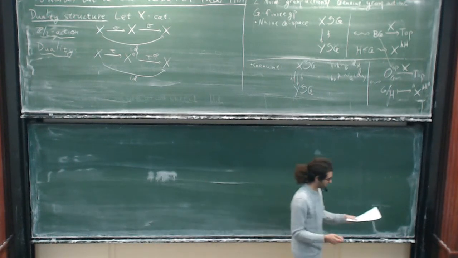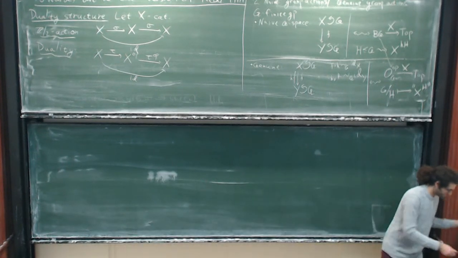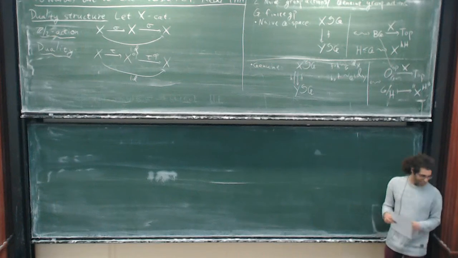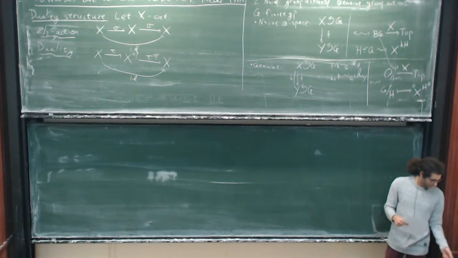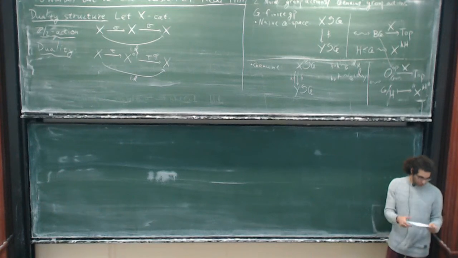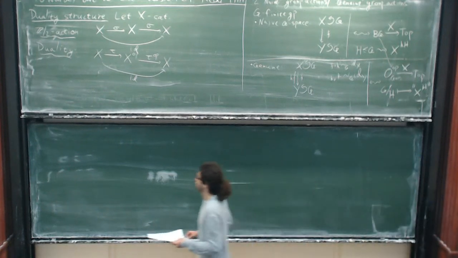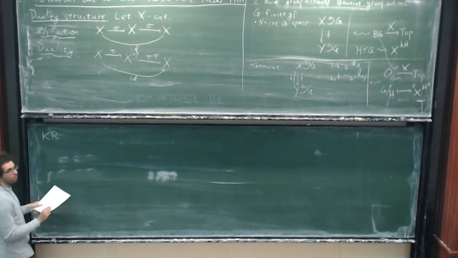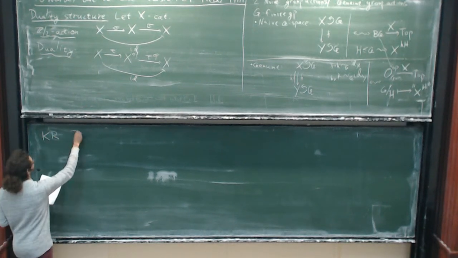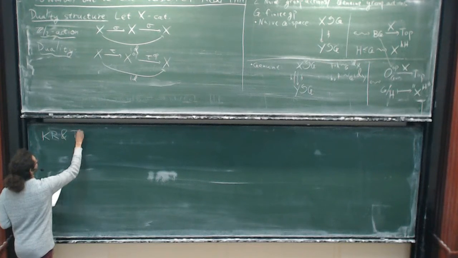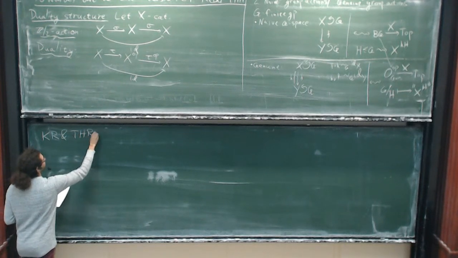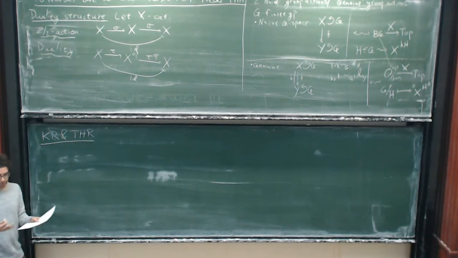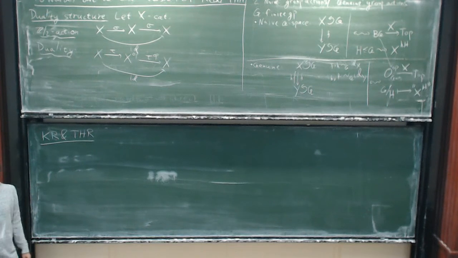I thought that it would be fun to have him here. And Ib Madsen and Emanuele developed them. We call real K-theory in this lecture KR, and we call real THH THR. Let's go over it quickly, just so we know what we're starting from.